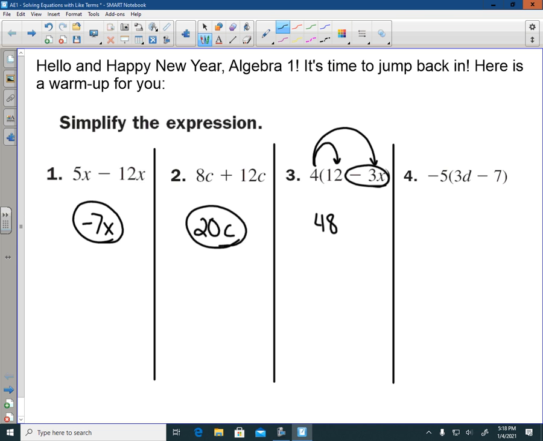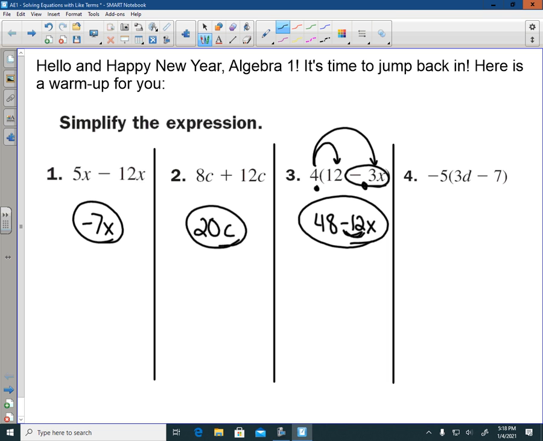So if we multiply 4 times negative 3x, we get negative 12x, because a 4 times a negative 3 is negative 12, and then the x comes along for a ride. And then that's all we can do, because we can't combine 48 and 12x because they're not like terms. So that's done. Same thing is true in 4.